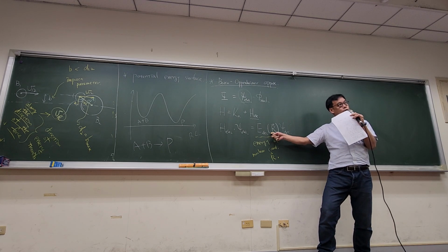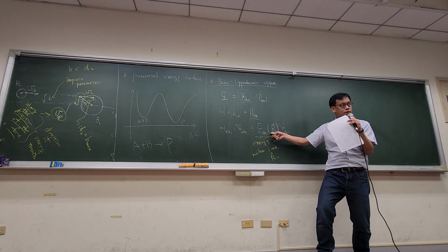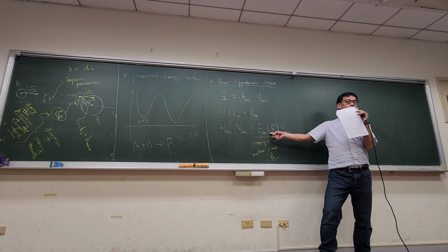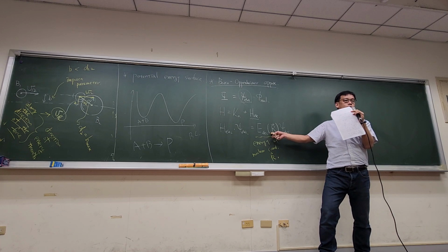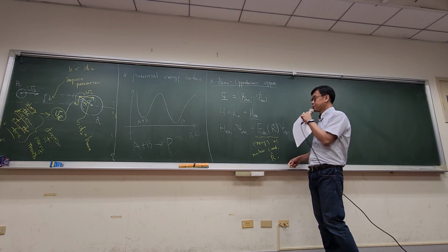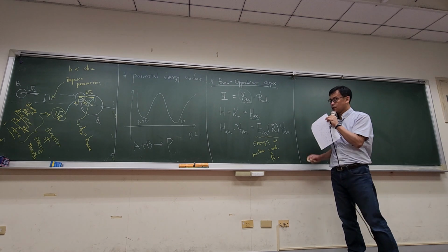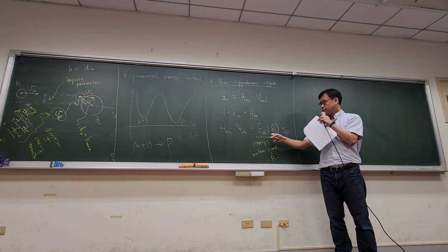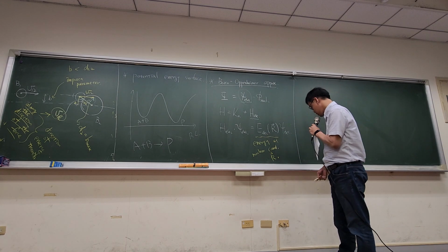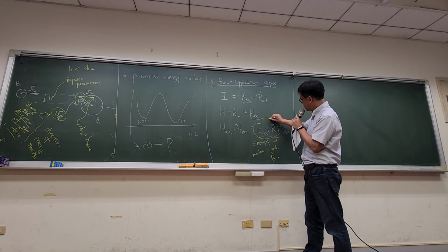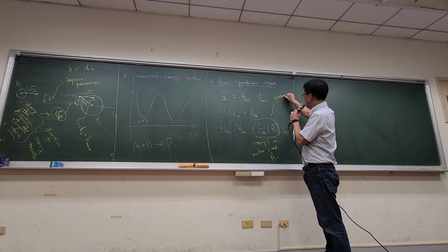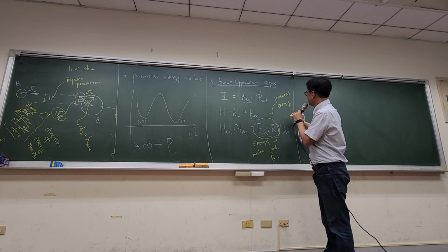I get the electronic energy. This electronic energy defines the energy of the system, nuclei plus electrons, at this nuclear coordinate. Okay? So for each nuclear coordinate, you have an electronic energy. This defines the potential energy surface.